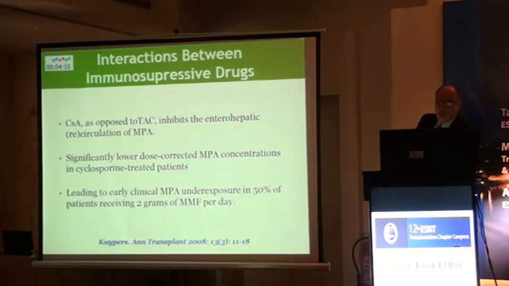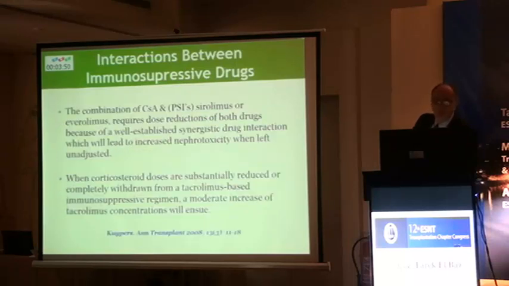Cyclosporin, as opposed to tacrolimus, does inhibit the enterohepatic recirculation of MPA. So you have to take care when you lower the dose and are giving the patient MPA, because you may have disturbances in the levels at this stage. And this could lead to early clinical MPA underexposure in 50% of patients once you decrease your C9 levels. You have to watch for that.